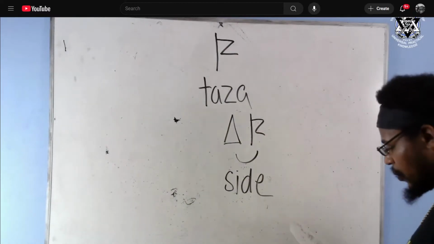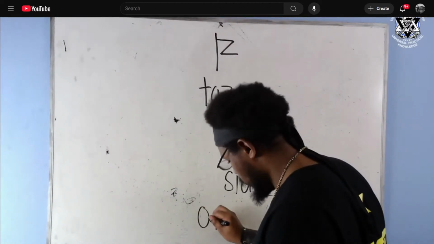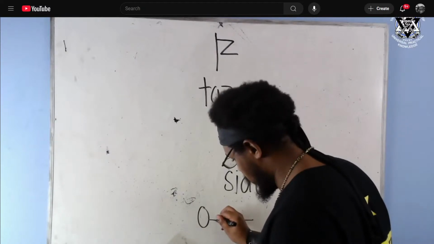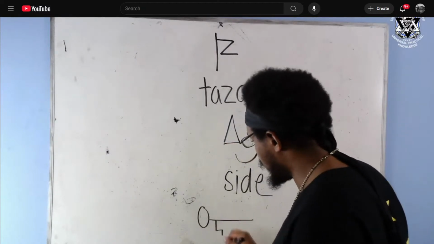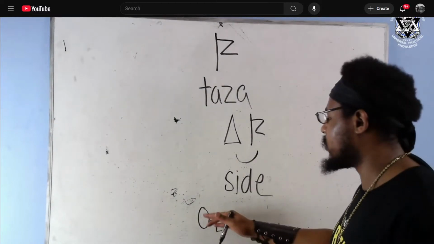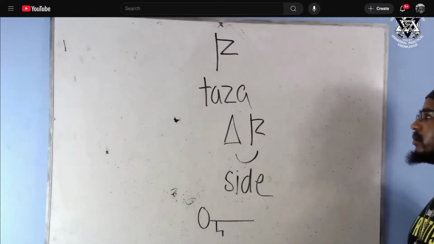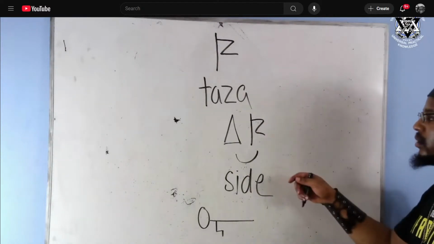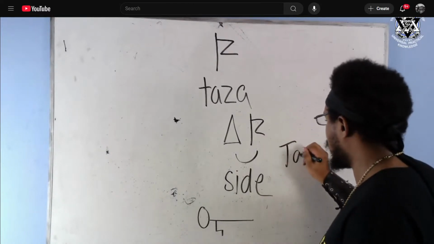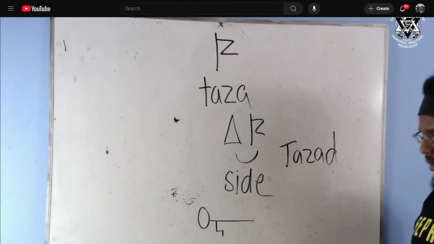So this would be like a person on its side, a person laying on its side. Like, this would be like a head, like a person laying on its side. Tazah, a person laying on its side.